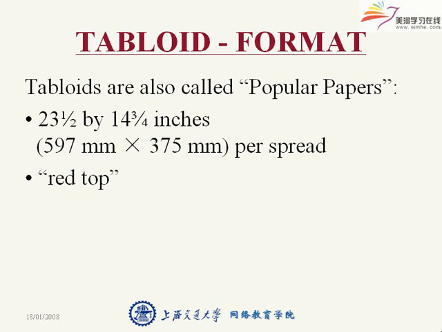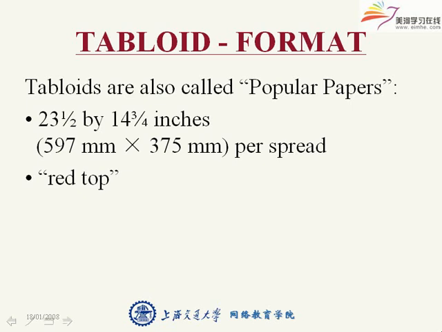So, we said newspapers can appear daily or weekly or monthly, and they can be broadsheet or tabloid, but actually a newspaper can appear daily and can be a tabloid and a broadsheet. So it does not have to be one thing or the other. It can appear daily and still be a tabloid newspaper.